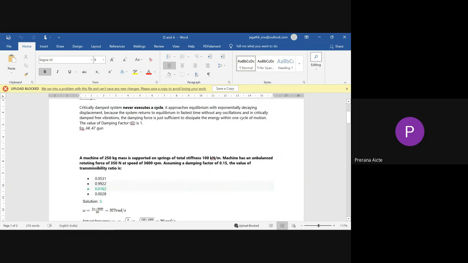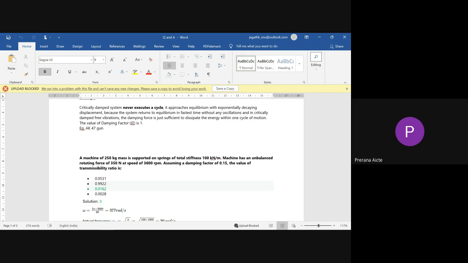It approaches equilibrium with exponentially decaying displacement, because the system returns to equilibrium in the fastest time, without any oscillations. And in critically damped free vibration, the damping force is just sufficient to dissipate the energy within one cycle of the motion.